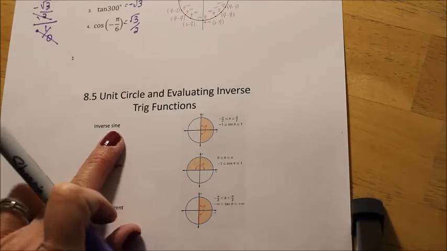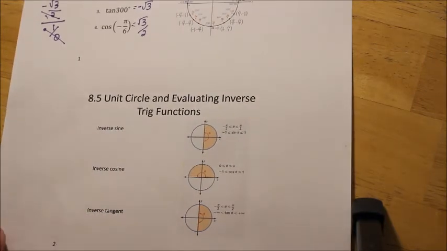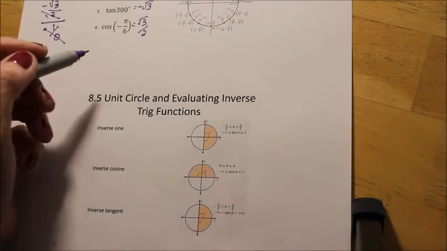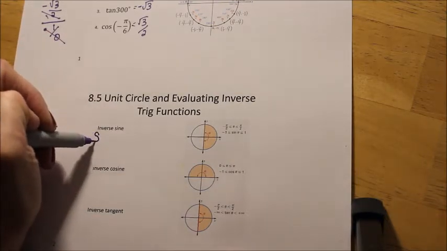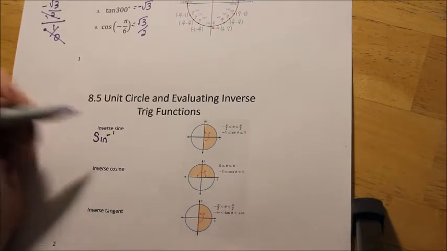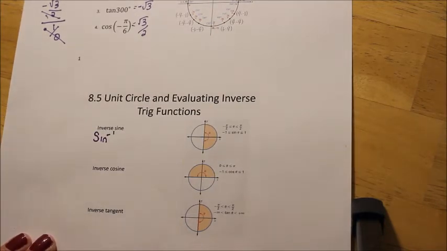Now, sine inverse, remember when we were doing this back in 8.1, I said whenever you want to find a degree, or in this case a radian it could be, you're always going to use the sine inverse. When you're looking for an angle measure, you're looking for the inverse, or that's the button that you're going to be pushing. And the symbol that we used for sine inverse was sine to the negative 1.